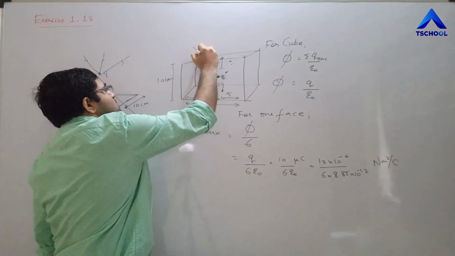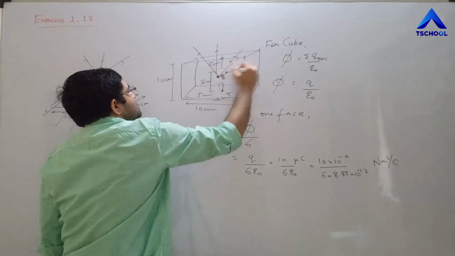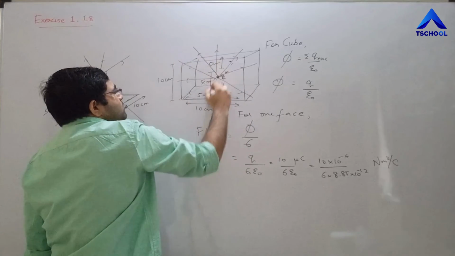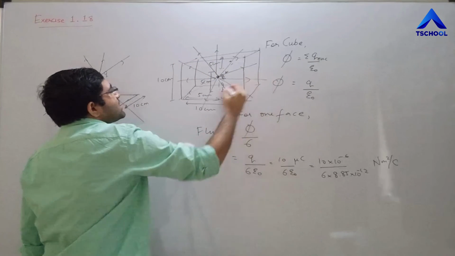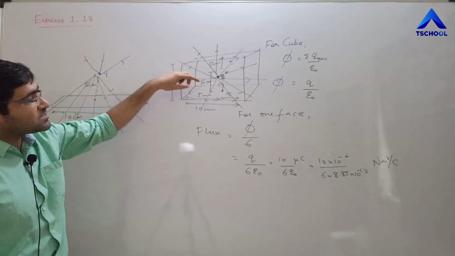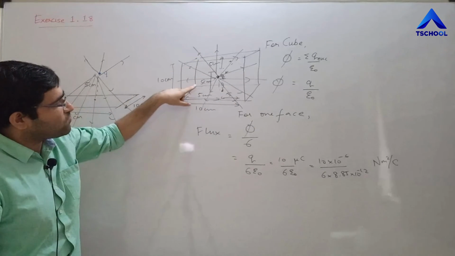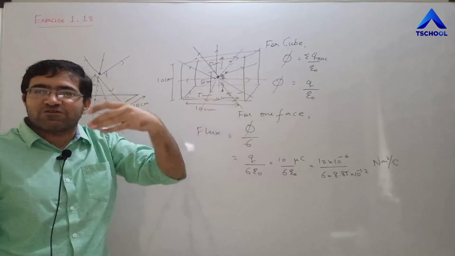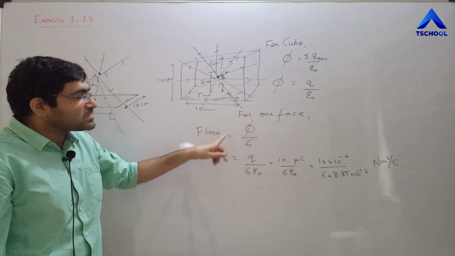I want you to understand that this happens because the electric field lines are coming out of this point charge in all directions. So whatever is the flux for one face will be the same for the other faces. For each face, the flux is the same.